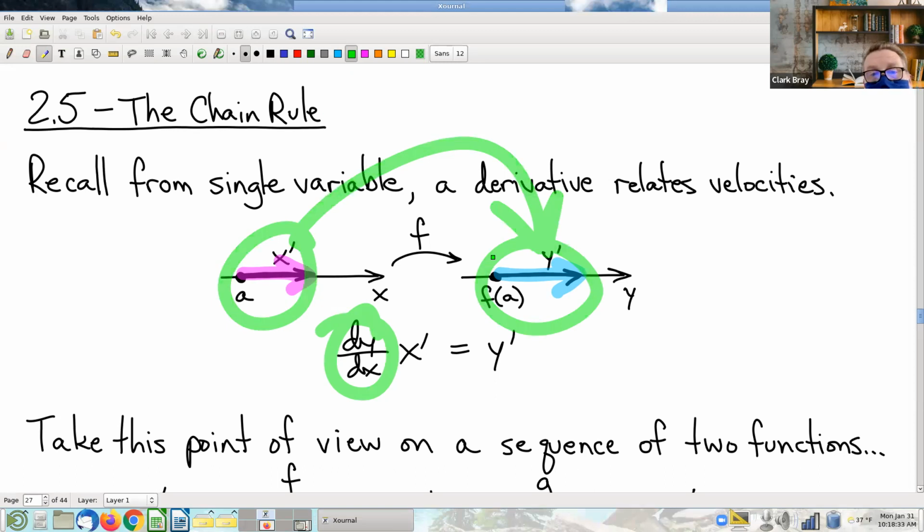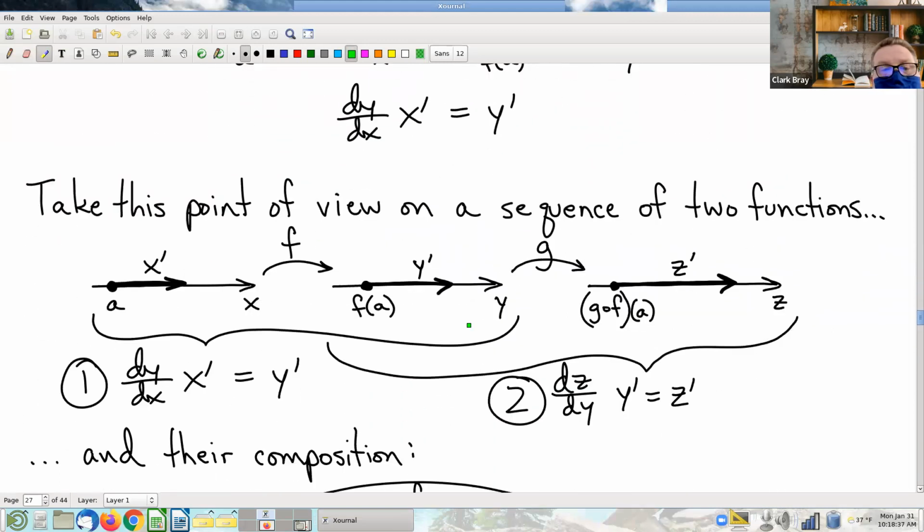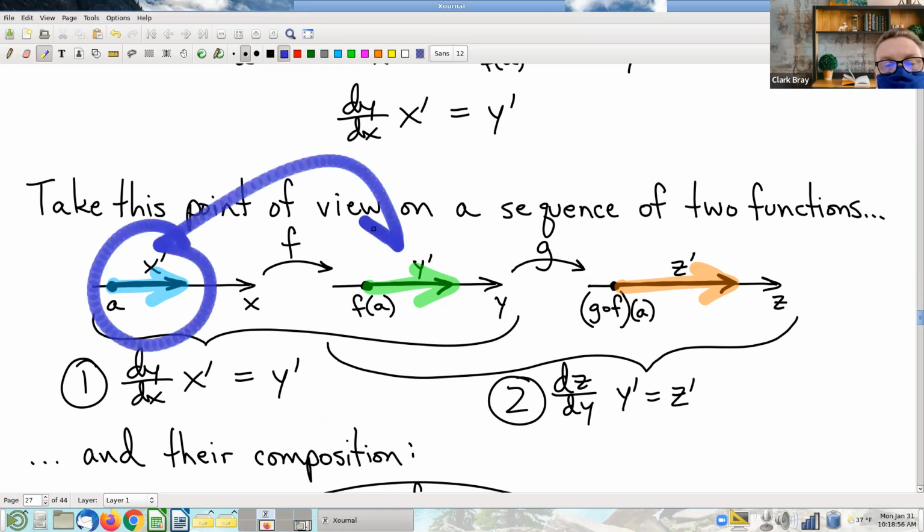Okay. All right, so with that in mind, we look at a composition of functions and we have various changes. So that's how much X is changing. And as a result, this is how much Y is changing. And as a result of that, this is how much Z is changing. So F prime is what you multiply by that to get that.